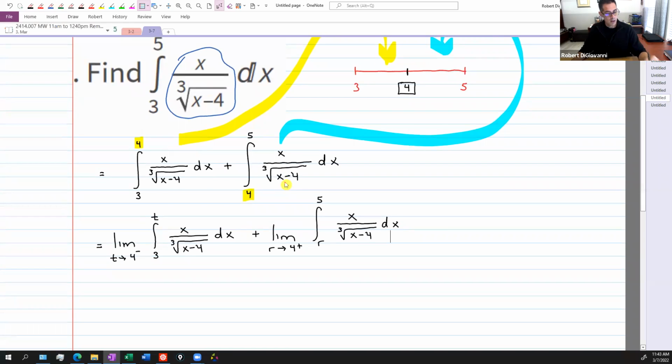Okay. Why don't y'all take a minute to see if you can do this antiderivative, because we need this antiderivative, right? Take a moment to see if you can handle this. I'm going to step away for a minute.